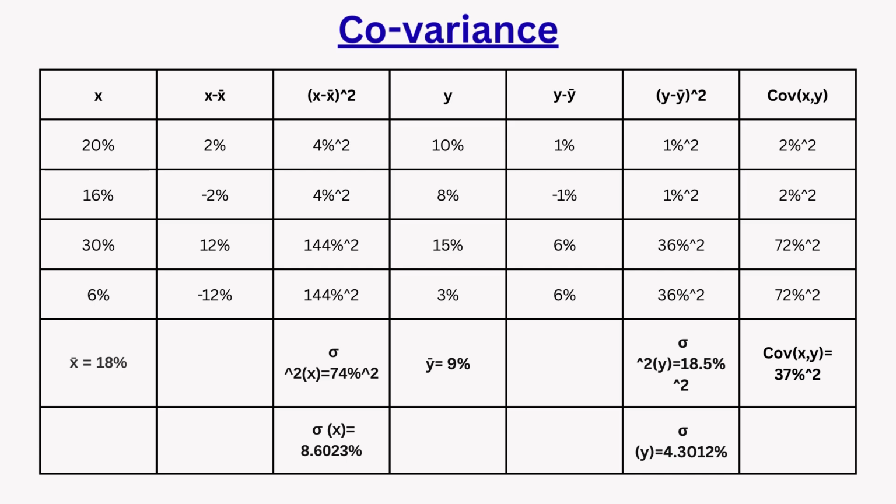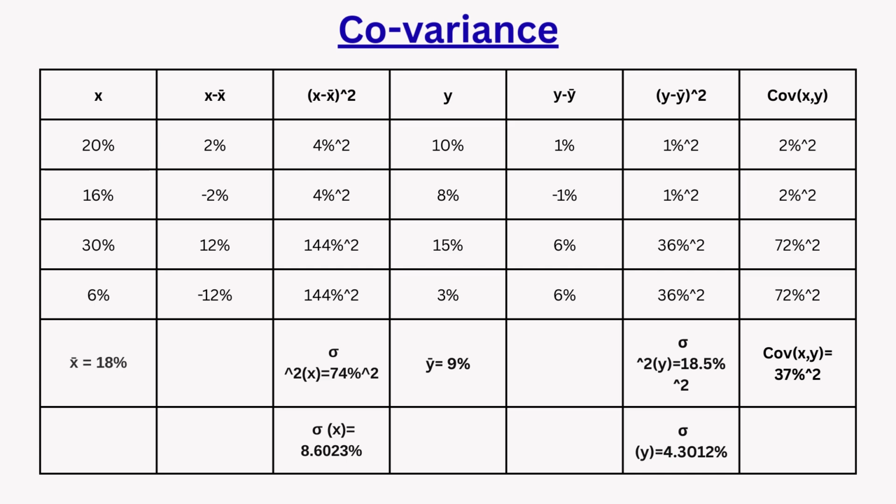For this, we will multiply the x minus x bar with y minus y bar. And the summation of x minus x bar into y minus y bar will be divided by the number of years, which comes to 37% square. One thing you have to note here is we will not root this number. Covariance is in terms of percentage square.